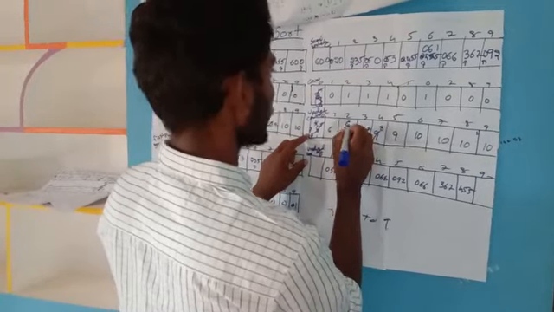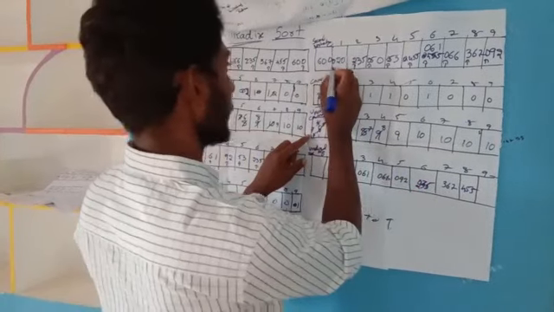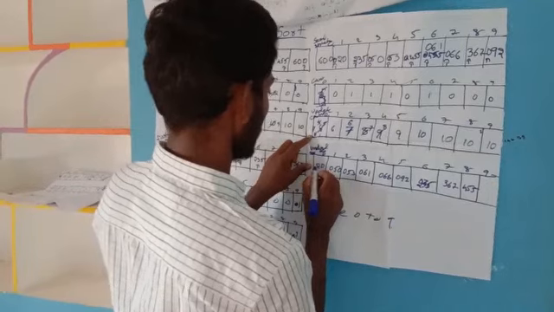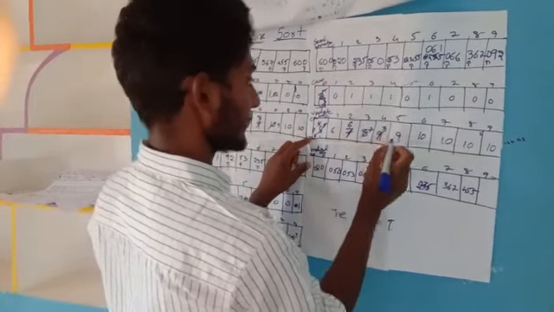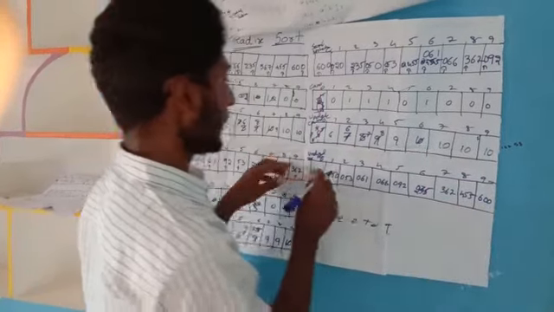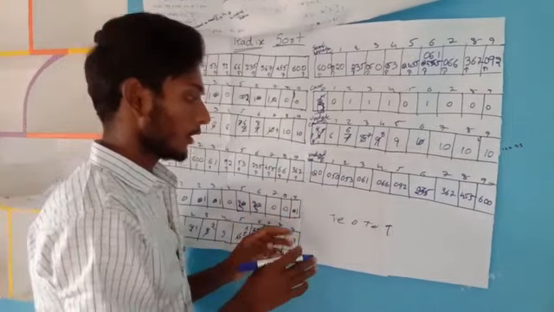At 6th place, we have to write 235. Here 0. At 0th place, we have to write 20. Here 6. At 9th place, we have to write 600. This is the final sorting value of the given elements.